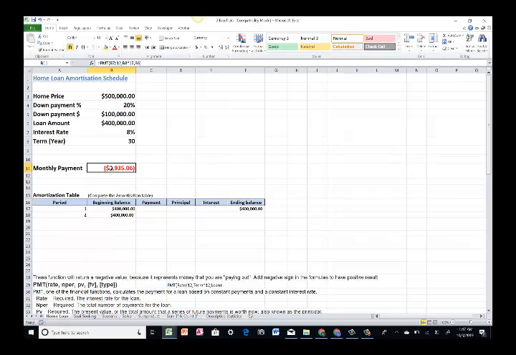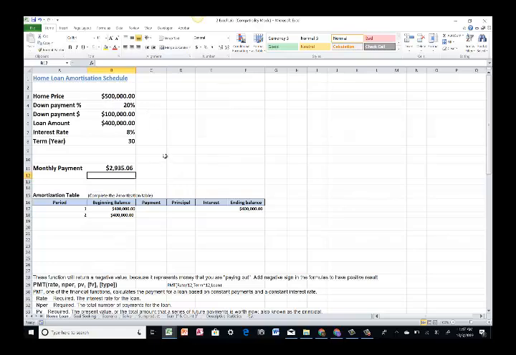Not to have too many reds in my amortization scheduler, I can easily convert this negative value into positive by just adding a negative sign in front of the formula. You notice the value became positive. All I did was add the negative sign right here in front of the formula.